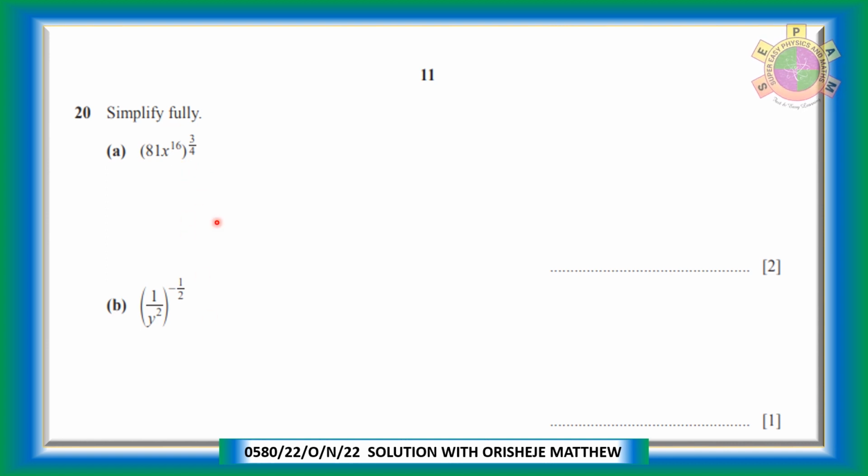Simplify indices. Bracket open, 81x raised to power 16, bracket close, raised to power 3 over 4. So expand. 81 is the same thing as 3 raised to power 4, multiplied by x raised to power 16, bracket close, raised to power 3 over 4.